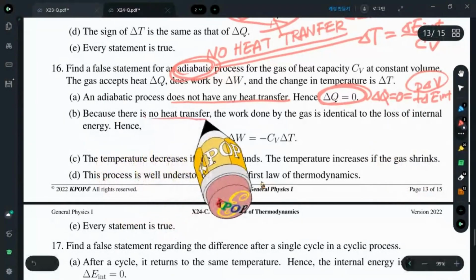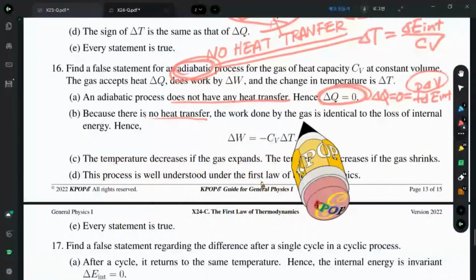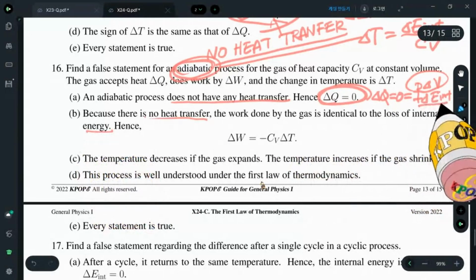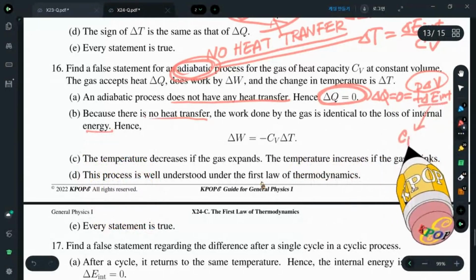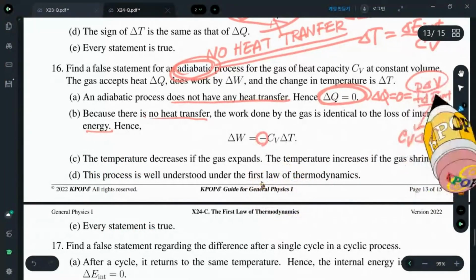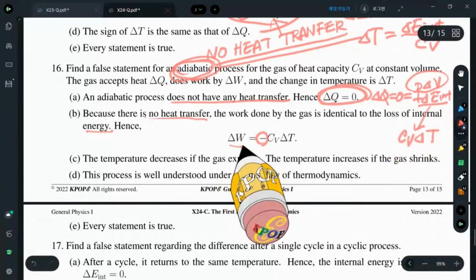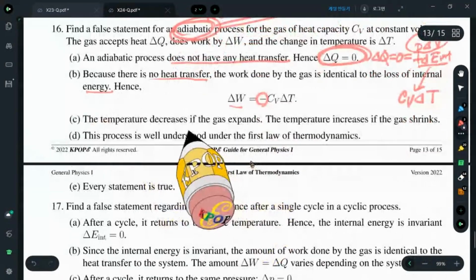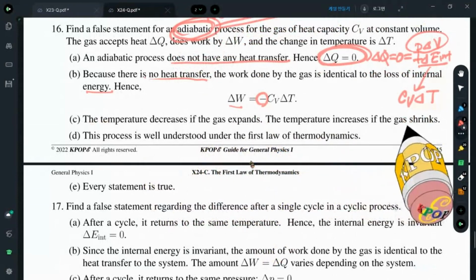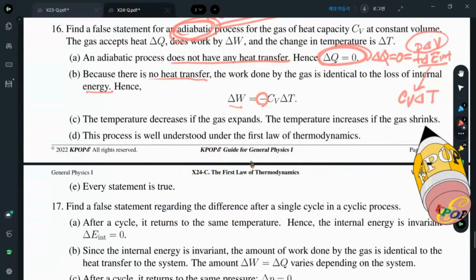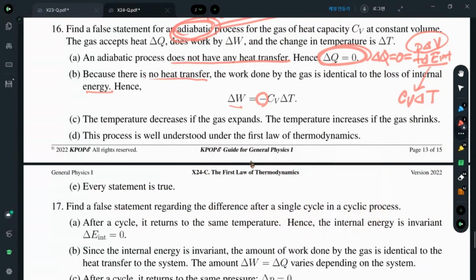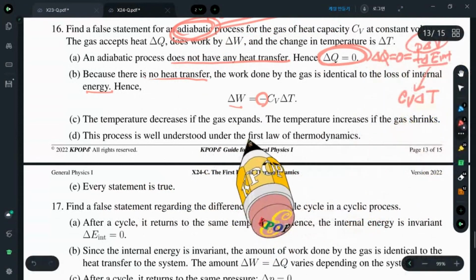Because there is no heat transfer, the work done by the gas is identical to the loss of internal energy. Yes, correct. And this one is expressed in terms of CV delta T. That's the reason why we have a negative sign. The sum of this is 0. The temperature decreases if the gas expands. The temperature increases if the gas shrinks. That's correct. This process is well understood under the first law of thermodynamics, all right?